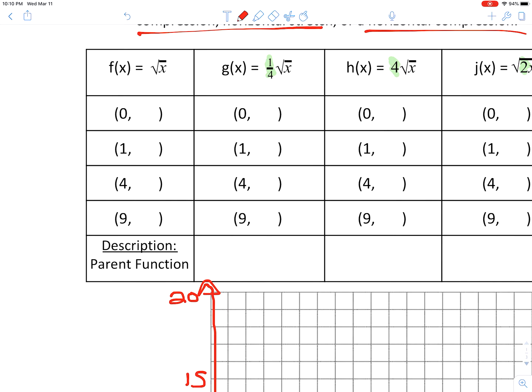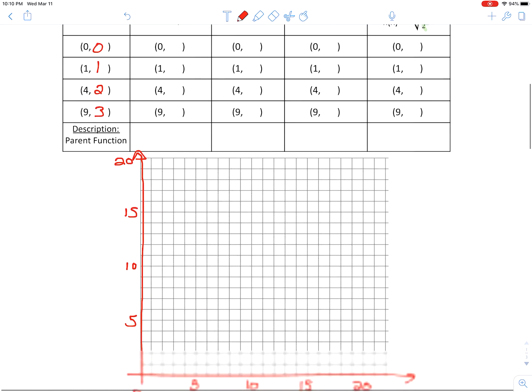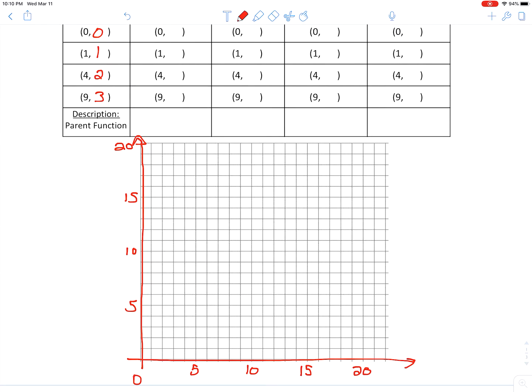Once you've got that, we're going to take it from the first column. It's always good to start with that parent function, the square root of x. And these points here are the ones that we should be pretty used to. 0, 0, 1, 1, 4, 2, and 9, 3. I'll graph that original parent function. You should be pretty good at this one because that's the square root function.